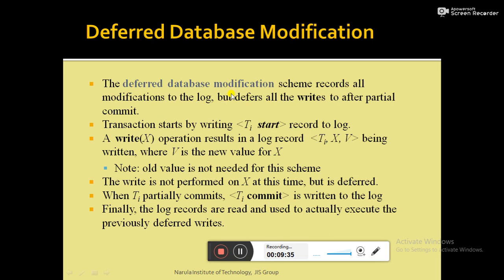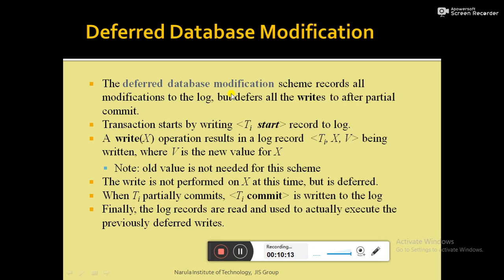In that scheme, every update related record or every activity of the transaction is recorded in the log file, and the log file once created is stored in the stable storage, but whatever update or write operation has been performed by the transaction is not immediately output to the actual database. Rather, the actual output to the database has been deferred, meaning delayed.